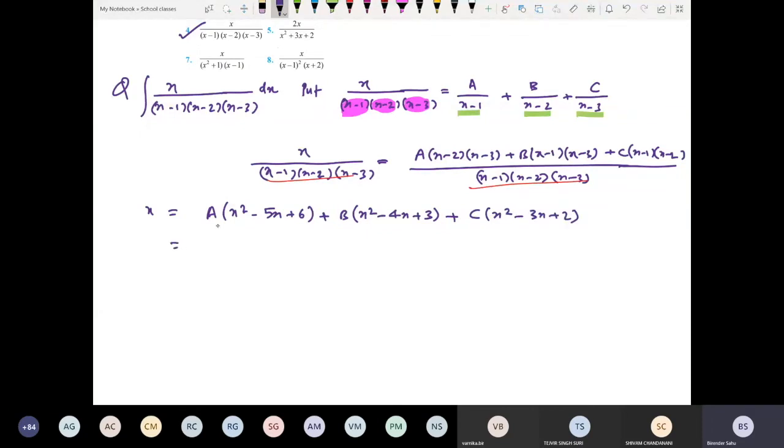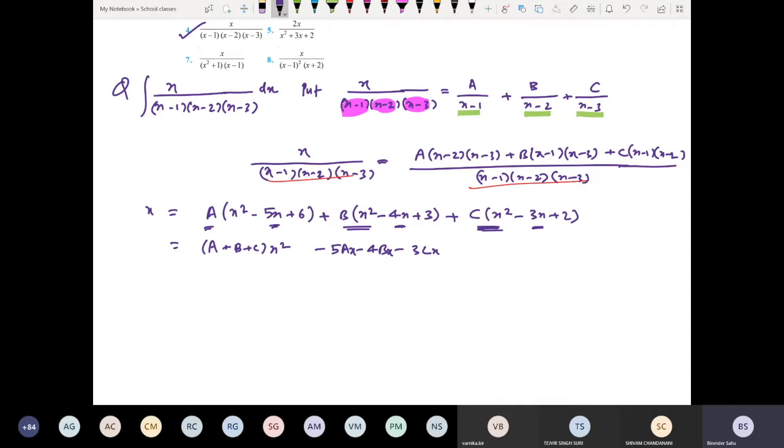Now you can just simplify. You can collect all the terms containing x square: Ax square plus Bx square plus Cx square, isn't it? I can take x square common. Similarly you will multiply A to this term, B to this term and C to this term. You'll get all the terms containing x: minus 5Ax minus 4Bx minus 3Cx.